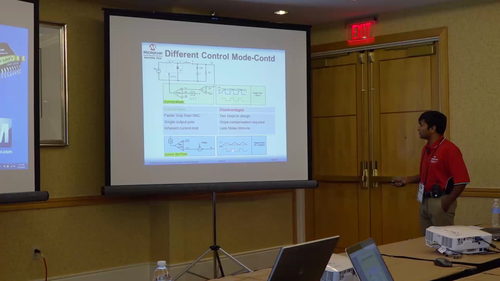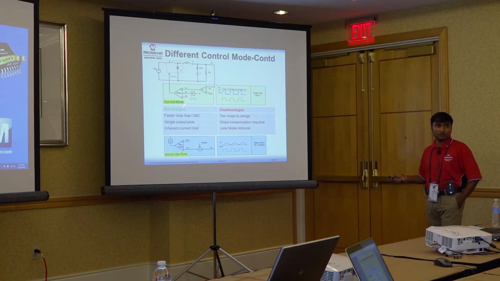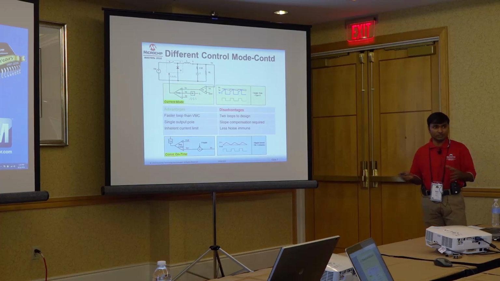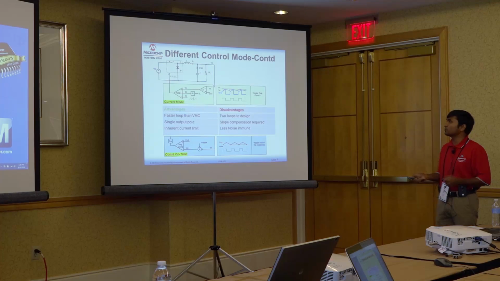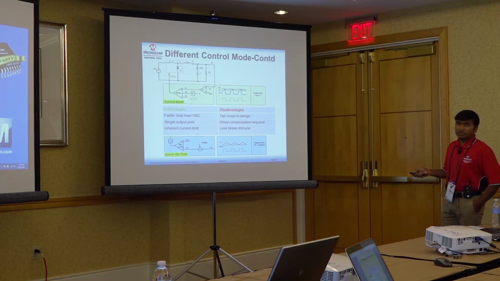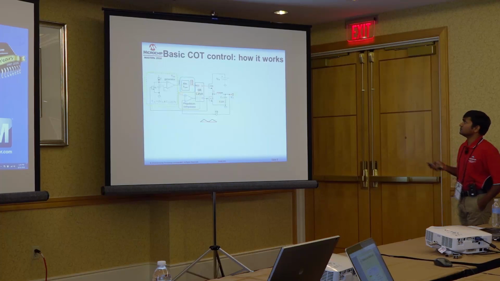Once it turns off, the low side switch turns on and freewheels. So, it is a ripple based controller and the frequency will be modulated for regulating the output. We will discuss this constant on time and its advantages in the further slides.